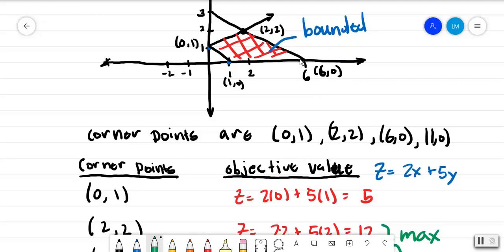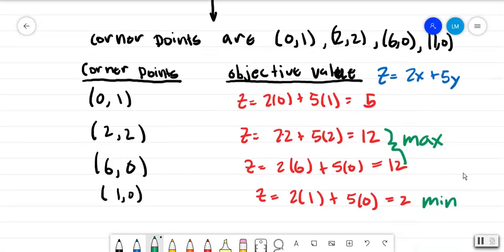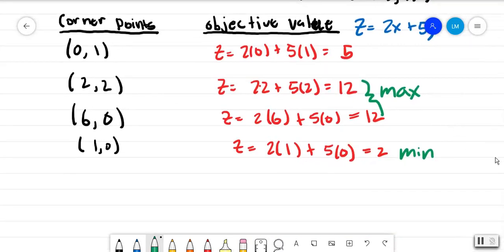This means there's a maximum all the way from (2, 2) down to (6, 0), meaning that we can choose any point along this line, and there's a way to phrase it nicely.